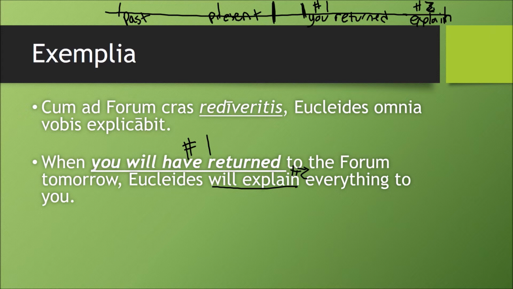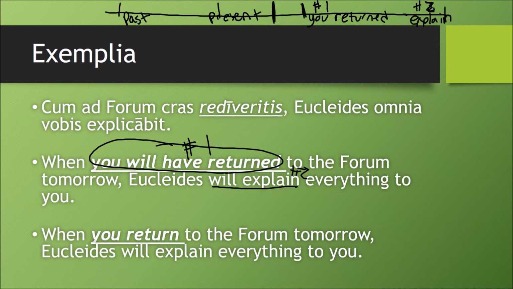Now in English, we're not going to use this clunky translation all the time, and instead we'll say, when you return to the forum tomorrow, Euclides will explain everything to you. Even though we're not using this translation of you will have returned, it's still clear in the English that you return has to happen before Euclides can explain anything.